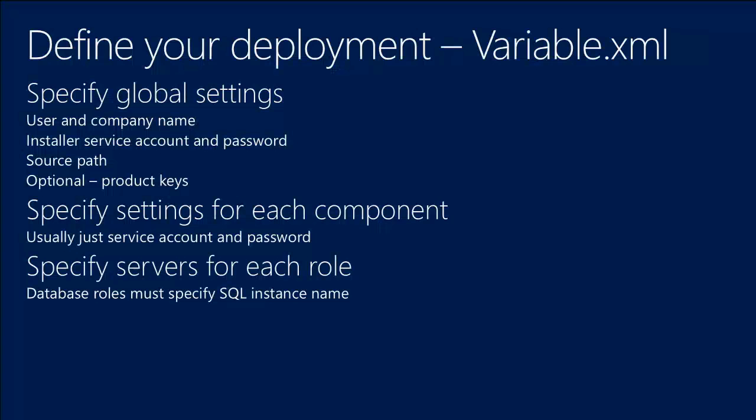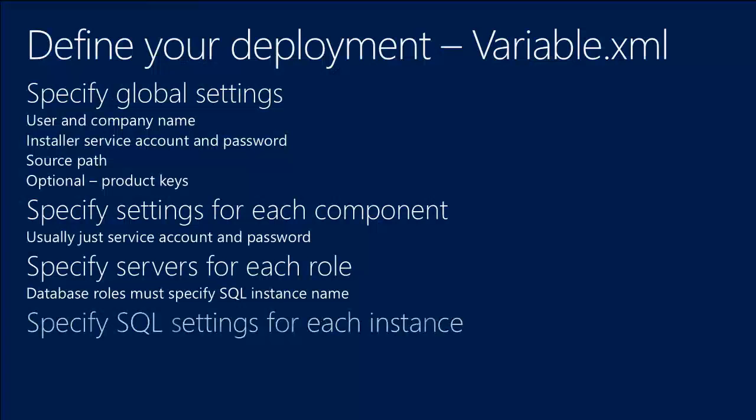Most people are just going to use the default MS SQL server, but you specify which servers each one of your roles is going to be deployed to. And then for those SQL roles, for each SQL instance that's going to get installed, you have to say which version of SQL. We support both 2008 R2 as well as 2012, and what admin group you want to have access to that SQL instance once it's installed.